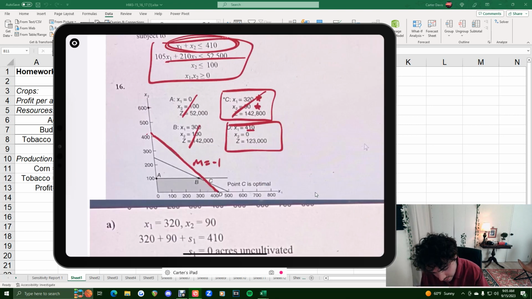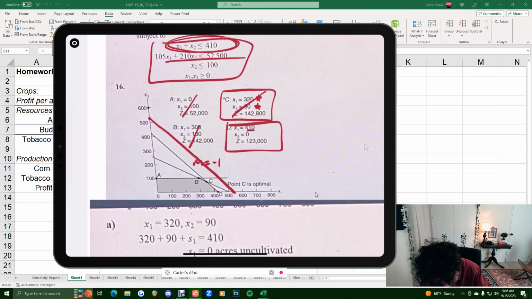What they're saying is this line that I have highlighted already, the constraint line, x1 plus x2 is less than or equal to 410. That will, if we change it to 510, move outward. And so it would be like a 510 to 510 line. So it looks something like that, which means, let's see, there's the objective line.